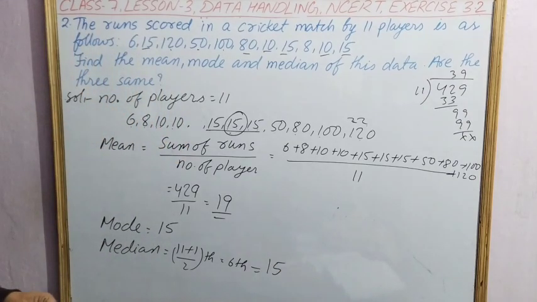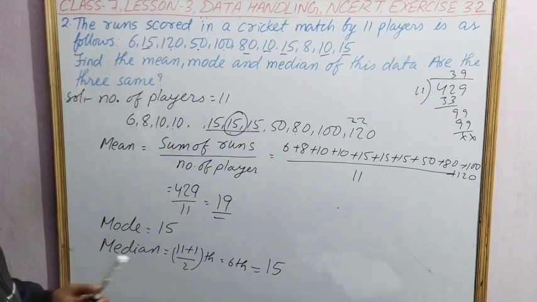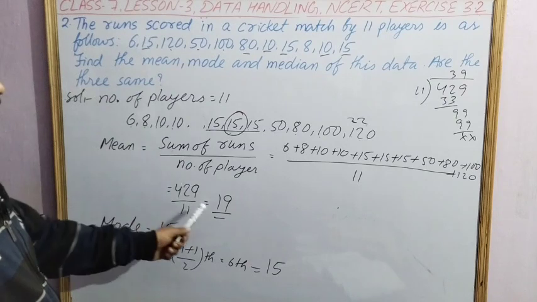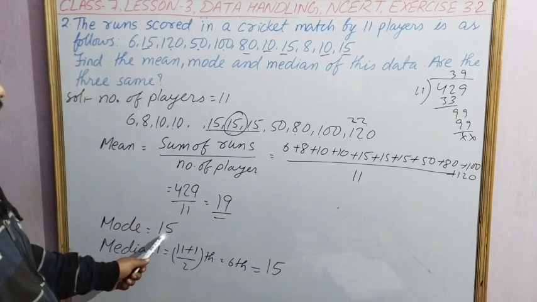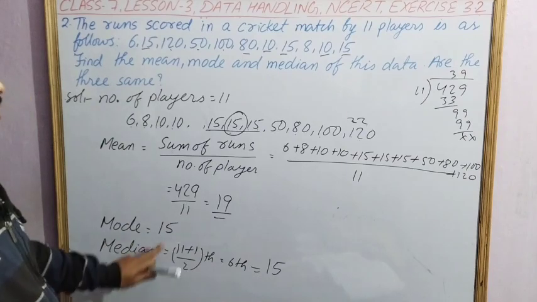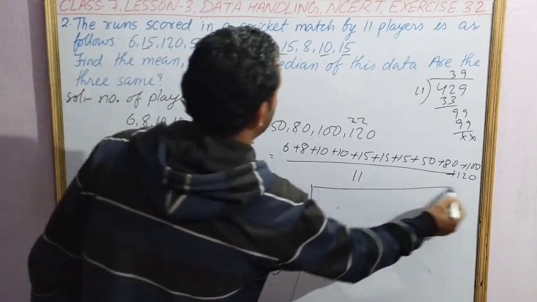Now the last question is: are the three same? No, we can say that it is not same because mean is 39, mode is 15 and median is 15. But mode and median are same. Mean is not same. So all the three are not same.